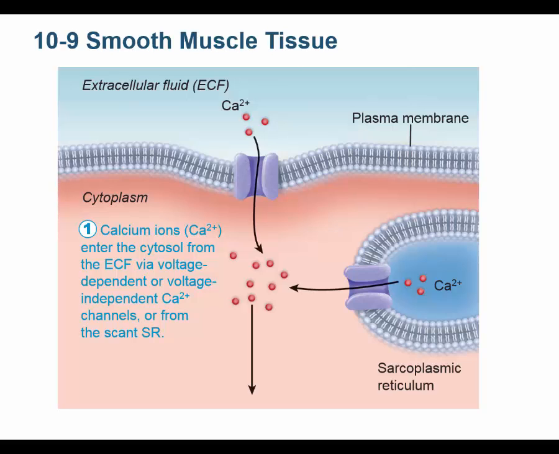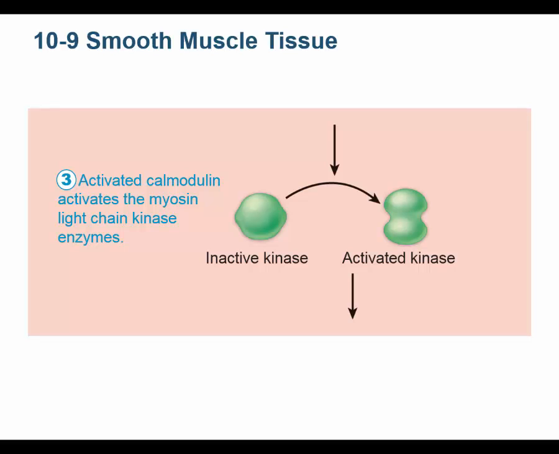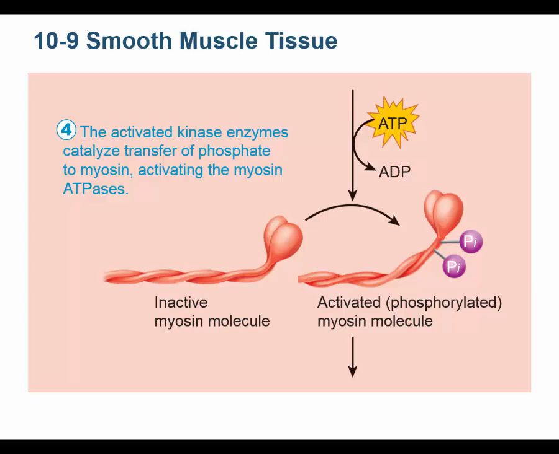So first of all, when the smooth muscle gets a signal, voltage-gated calcium channels open. The calcium enters the sarcoplasm from extracellular and the SR. That calcium binds calmodulin and activates it. Calmodulin activates myosin light chain kinase. Myosin light chain kinase phosphorylates the myosin head and activates it.